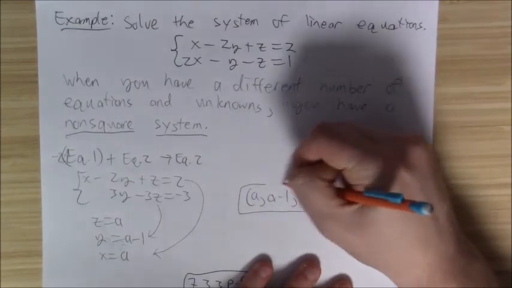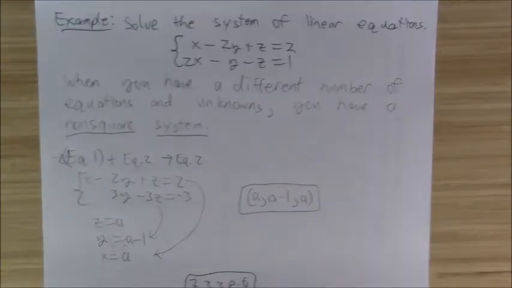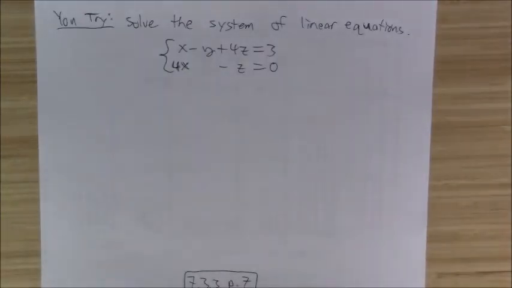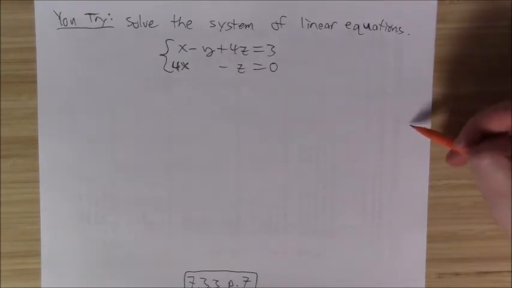And that's not all that surprising at this point. Now it's your turn to try out an example. Go ahead and solve the following system of linear equations. Get all your a's and everything set up. On the count of 3, I will reveal the solution. 1, 2, 3.